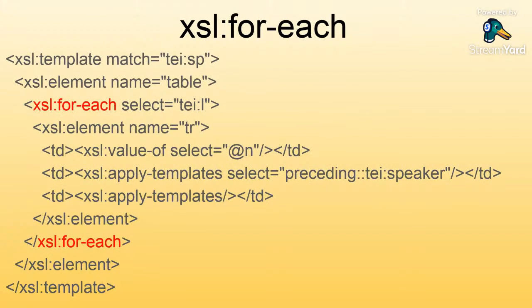And the last kind of decision-making element that I'll talk about for now is for-each. This is slightly different. Firstly, this loops through things, so it can run multiple times, but it can also run zero times, because if you say for-each and what you select doesn't exist, then it just skips it.